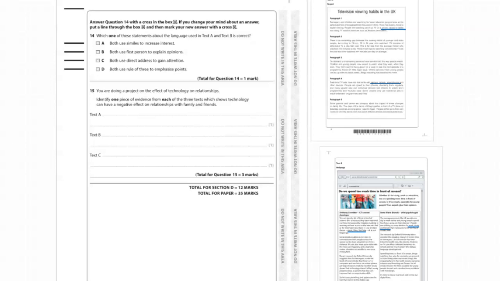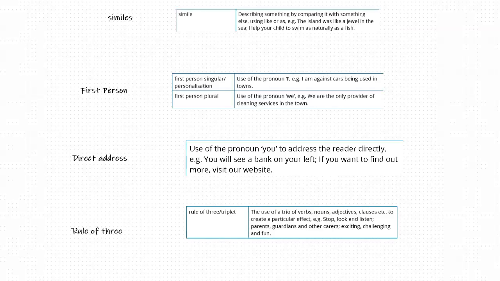So in the text, the blue lines have indicated what one of the answers, but obviously I've found evidence for the one that is correct. But we will go through what the others are just to increase knowledge. Language features that are mentioned in the questions are similes, and I've put a description next to it.